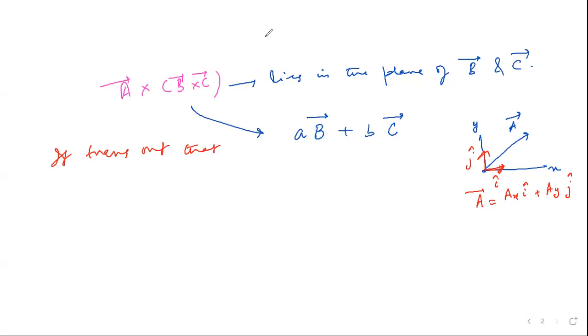It turns out that A cross B cross C is equal to, I said, some number times B and some number times C. So that number here, that a, turns out to be A dot C.